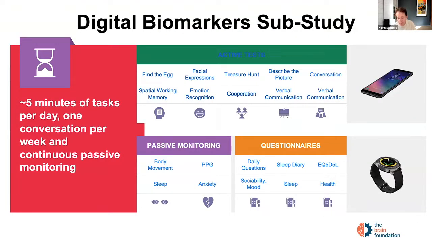Another part of our program that I'm really excited and hopeful about is our digital biomarker program. One of my colleagues is presenting more on our biomarker approach next Sunday, so next week at this same symposium. So maybe you can check that out. We're trying to use a mix of minimally invasive active measures along with passive measures here to get lots of data on our patients to get a better and more objective picture of potential change over time in our trials.